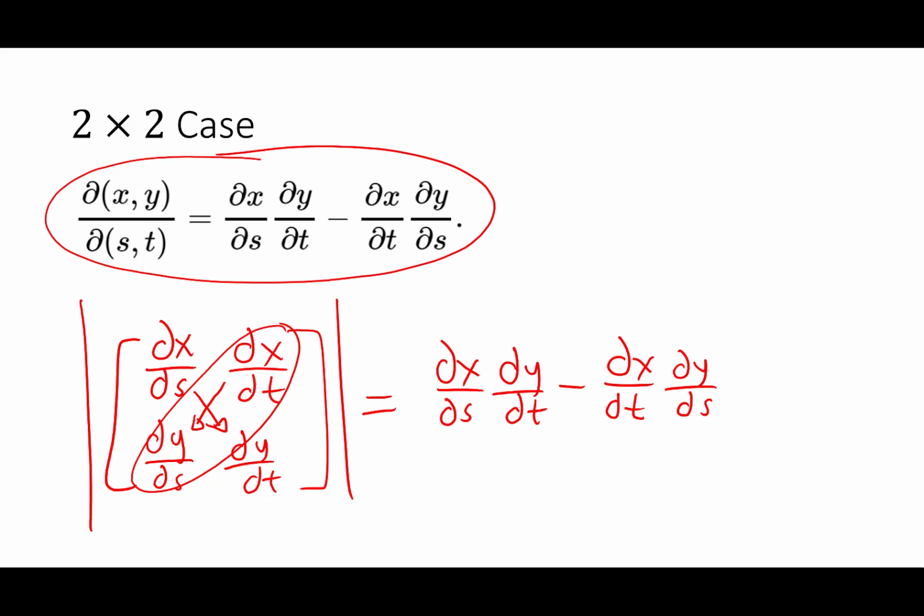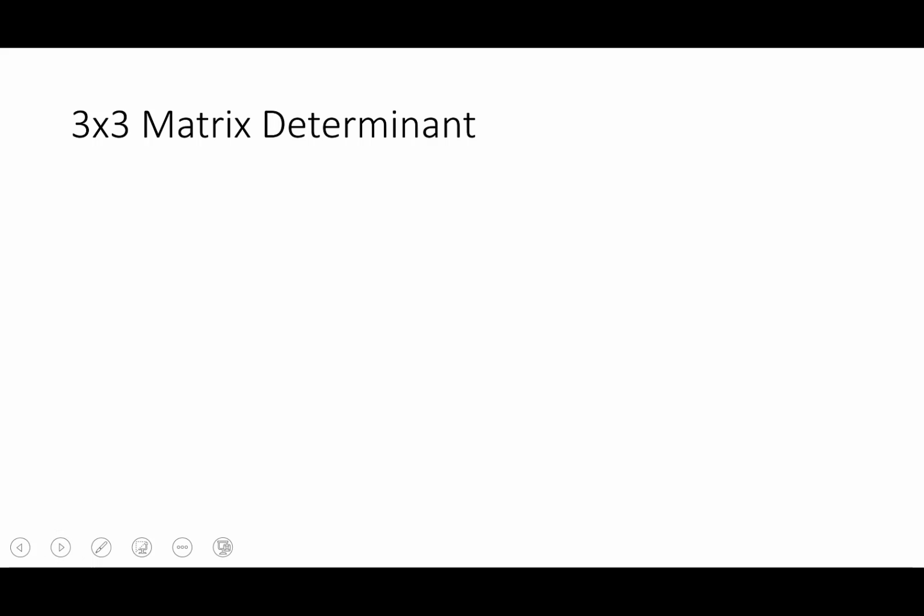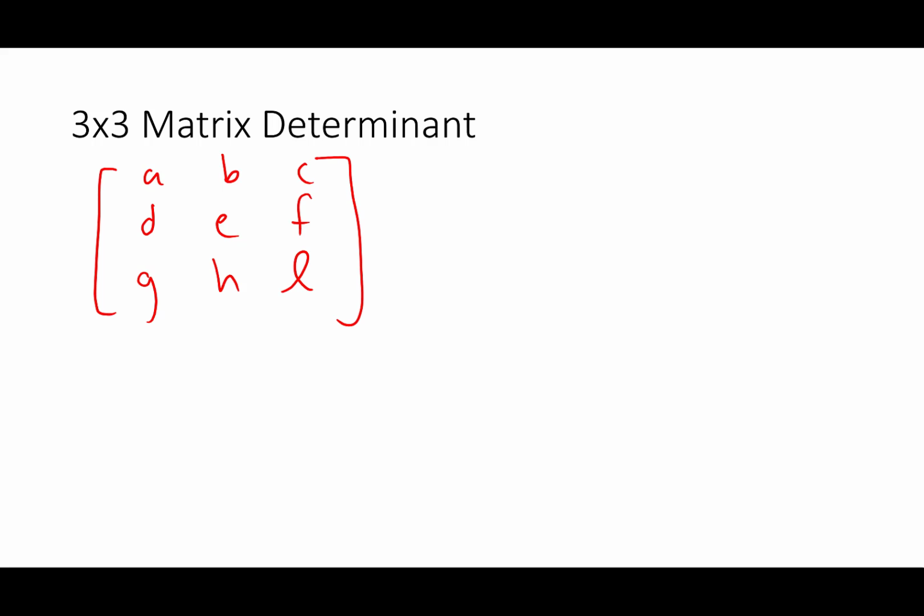Now, when you increase the dimensions of your matrix, this gets a little bit more complicated. So if you're dealing with a 3 by 3 matrix, A, B, C, D, E, F, G, H, I. Actually, let's not use I. Let's jump to L. To figure out the 3 by 3 determinant, and you'll learn in linear algebra you can do this a lot of different ways, but the way we're going to do it here, we start with the first entry, A, and we get rid of that first column and first row, leaving us with a 2 by 2 matrix.